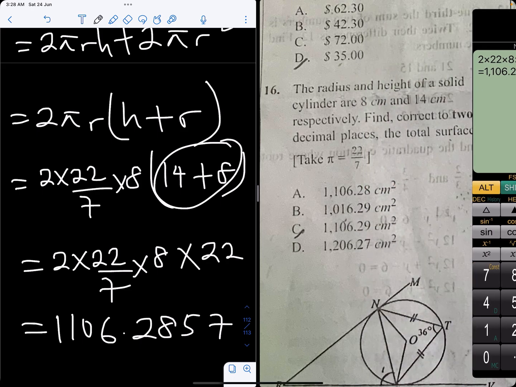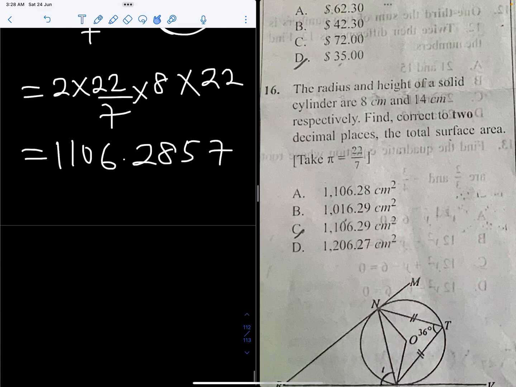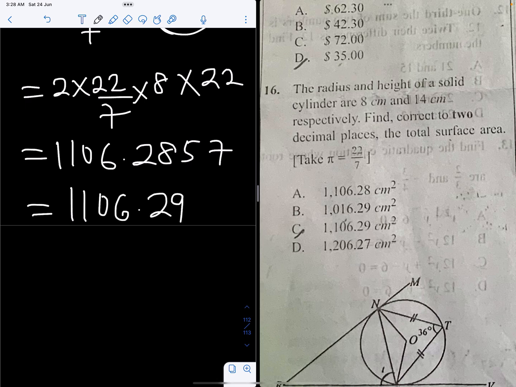They said we should leave the answer correct to 2 decimal places, so that's 1106.29 centimeters squared. And the correct option is C.